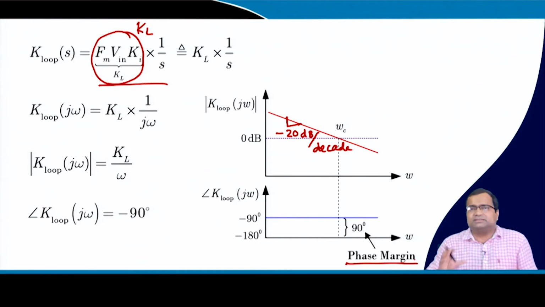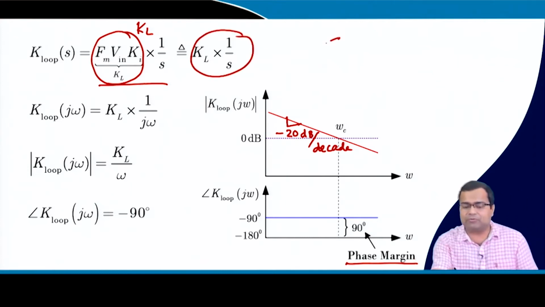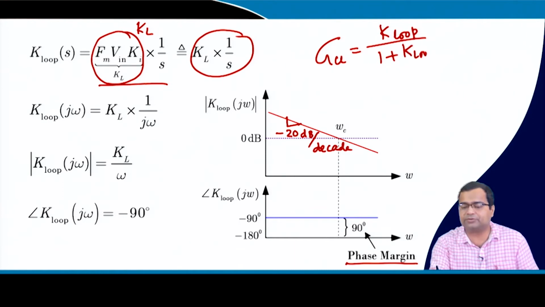So, this phase margin seems to be quite large, because it will lead to an overdamped system, because your loop transfer function is a first order system. So, naturally, if you want to obtain the closed loop transfer function, it is nothing but the loop transfer function by 1 plus the loop transfer function. Okay. And what we will get?